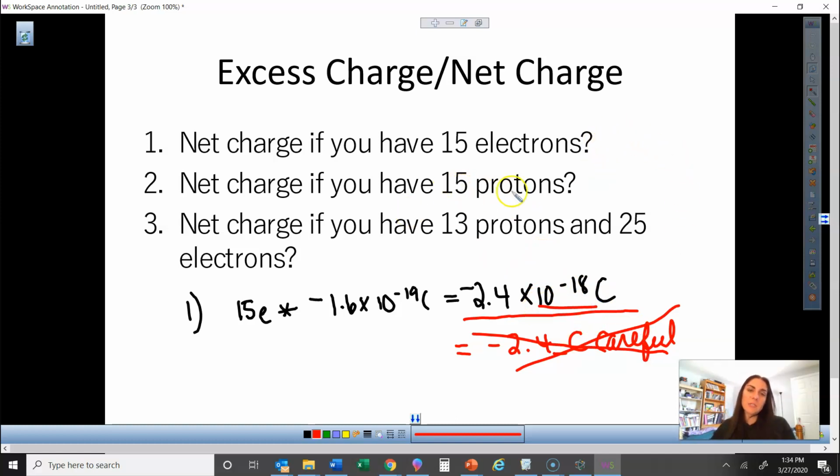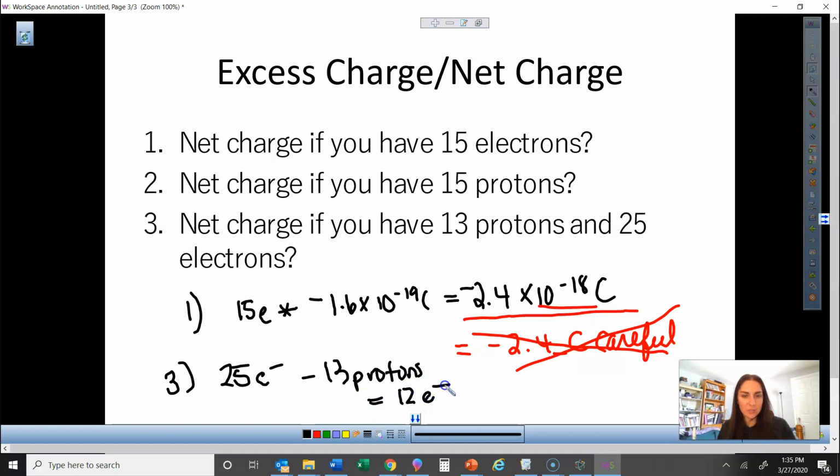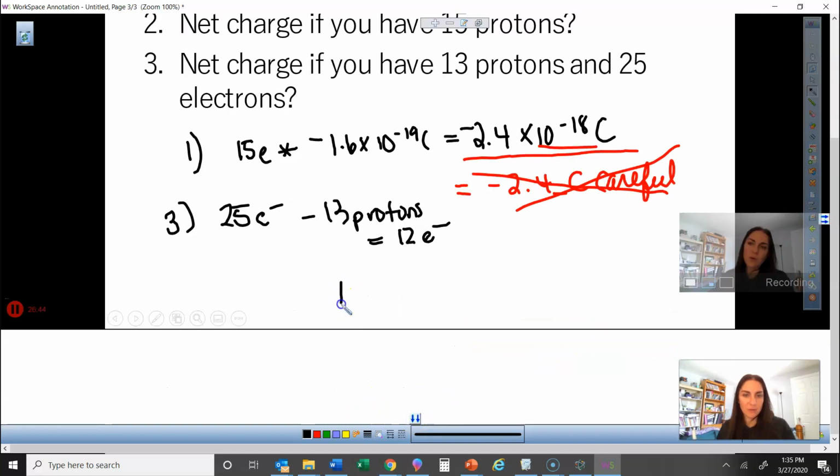And notice that this would actually be the same answer for 1, except it would be positive for protons. And then you do a similar thing for part 3, where you would have to subtract first: 25 electrons minus 13 protons gives me a leftover of 12 electrons, and then I would go ahead and calculate that out.